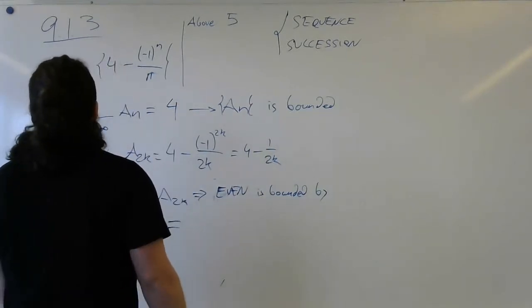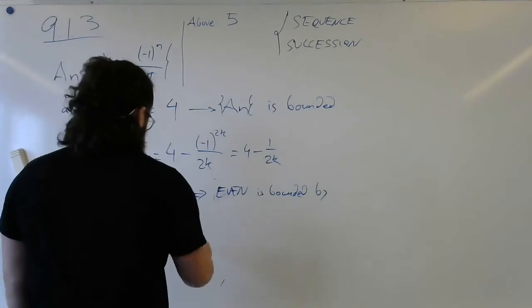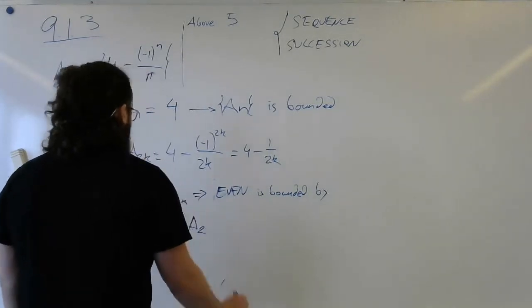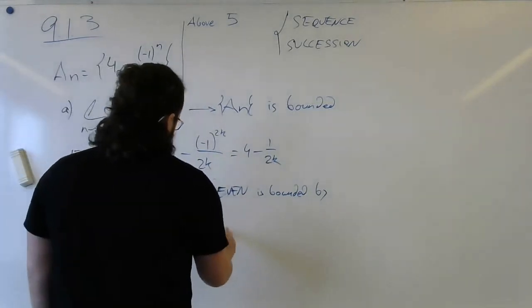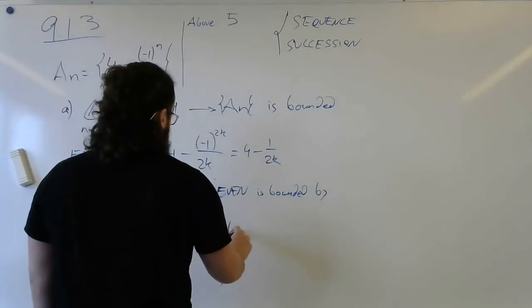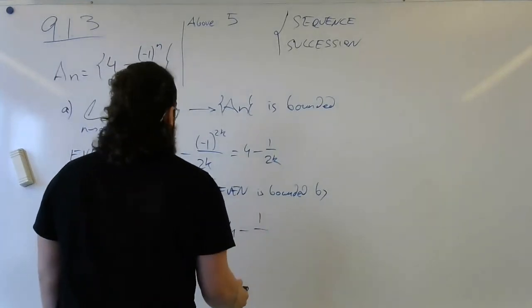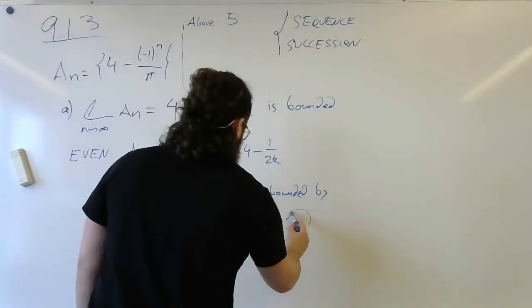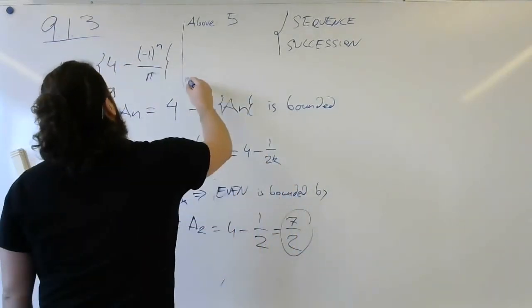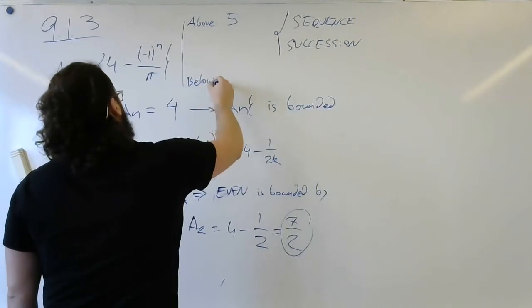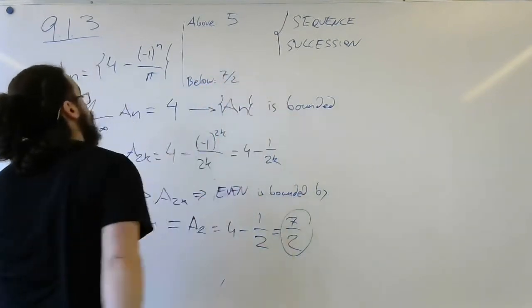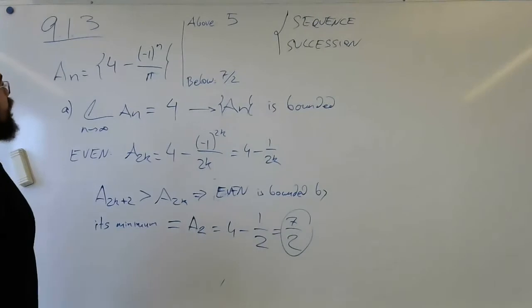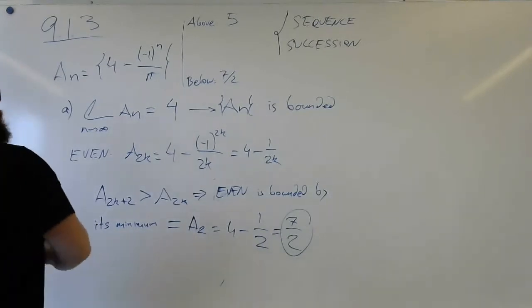So in this case, the minimum would be a sub 2, which is 4 minus 1 half. So this succession is bounded above by 5 and below by 7 halves.